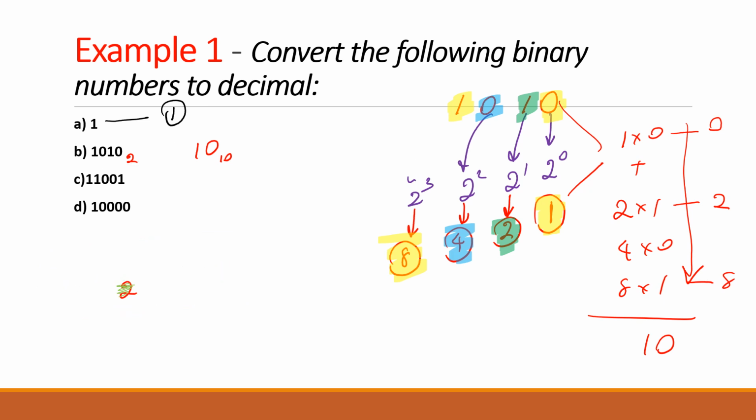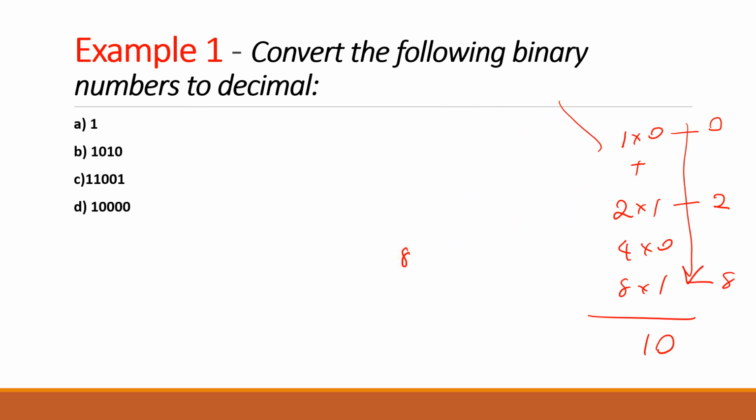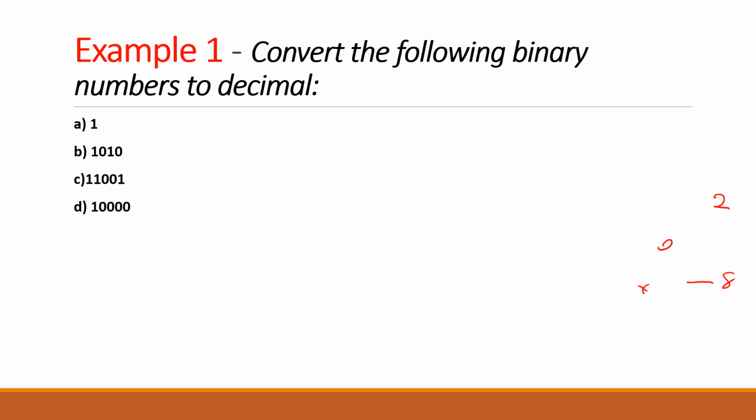So which one do you want me to do? Okay. So I'm going to explain the whole process again with the C. We are looking at the different number systems. In the binary, we have only 2 digits, 0 and 1. So these are binary numbers. In C we have 1, 1, 0, 0, 1.